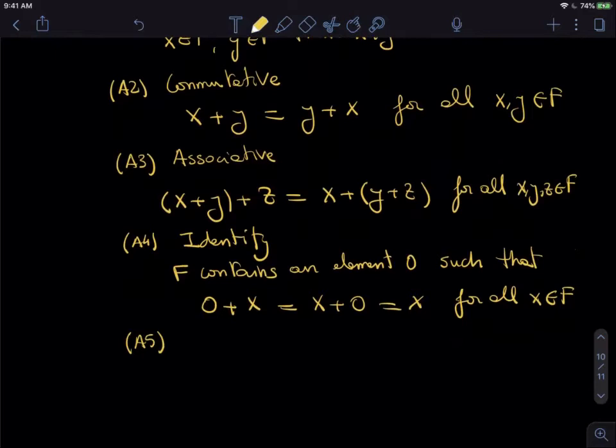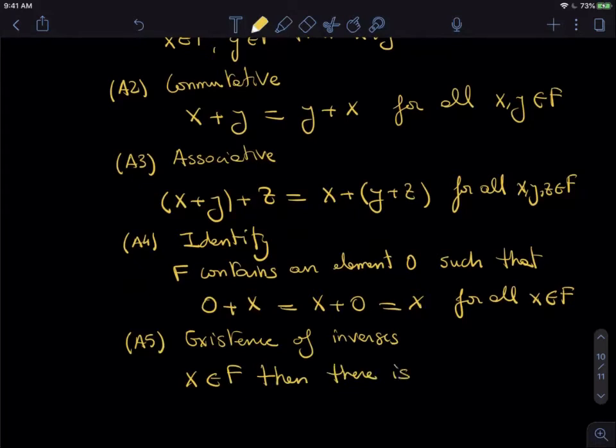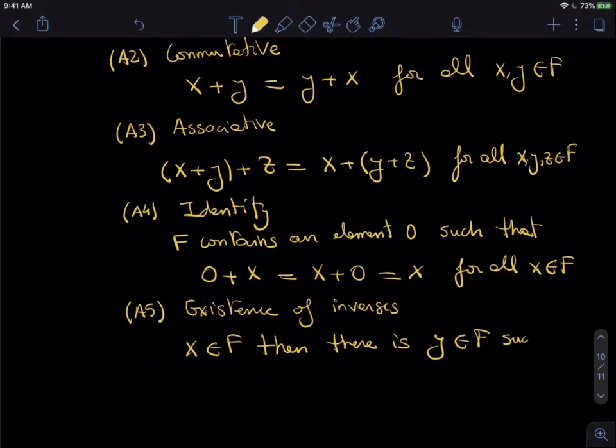Okay, and then the fifth is the existence of the inverse. Okay, so if you take an element x in F, then there is an element y in F such that x plus y equals 0.